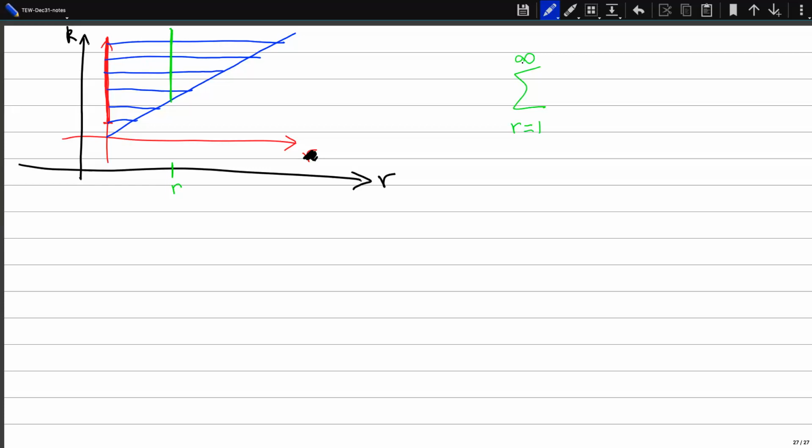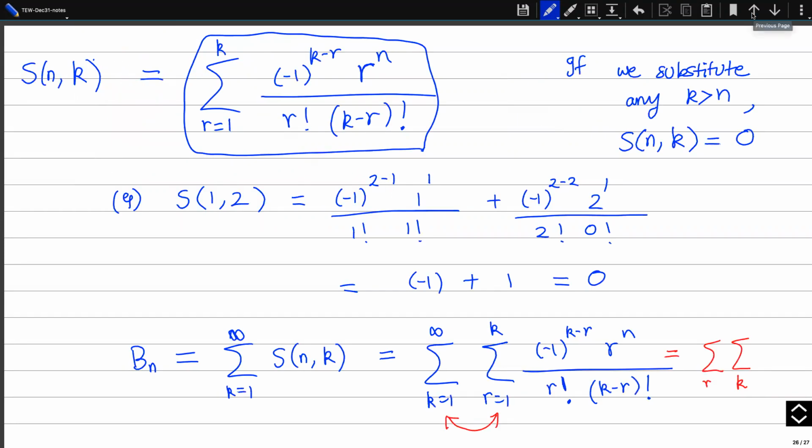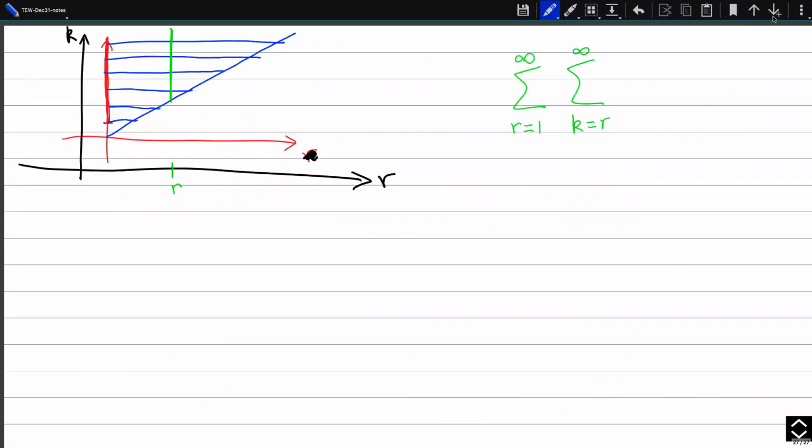But once I fix r, what are the possible values for k? k goes from r to infinity. So k goes inside, from r to infinity, and the outer summation is from 1 to infinity.